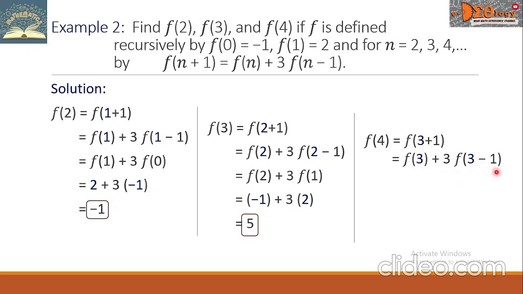This 3 minus 1 is simply 2. Let us now substitute the corresponding values for f of 3 and f of 2, which are 5 and negative 1 respectively. So we have here 5 plus 3 times negative 1. The product of 3 and negative 1 is negative 3, plus positive 5. The answer is 2. This is the value of f of 4.